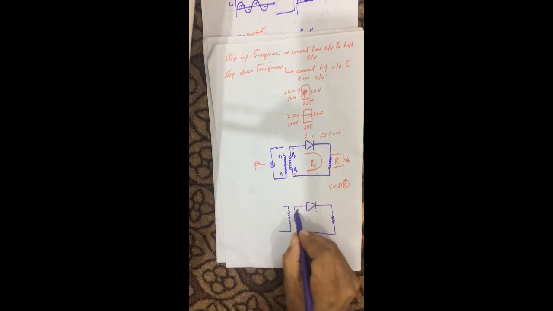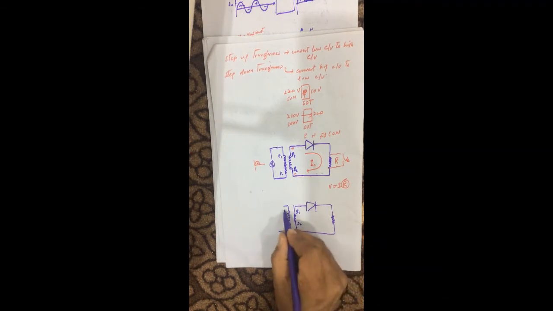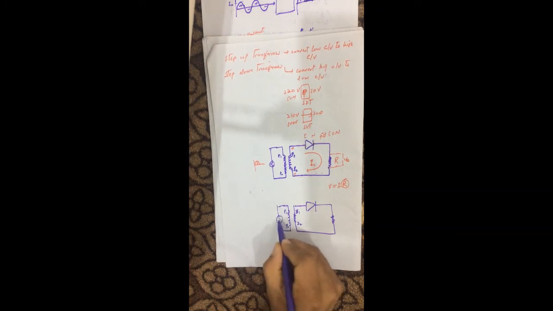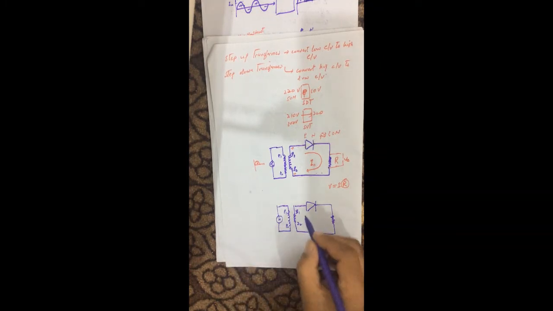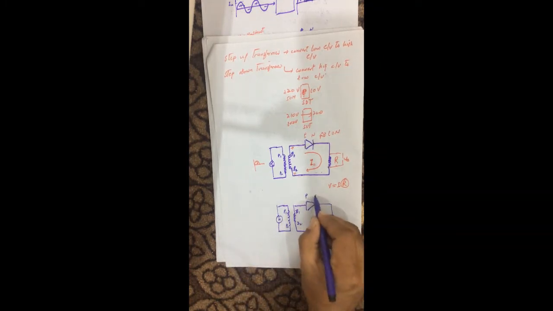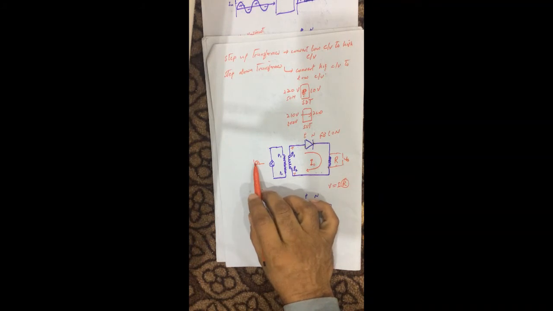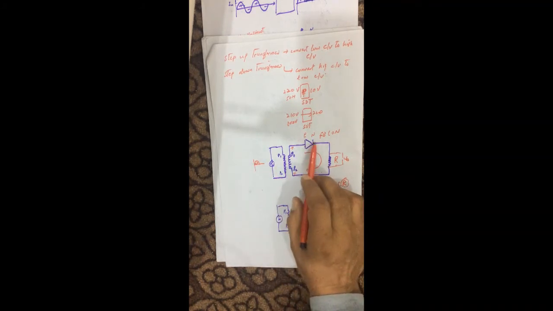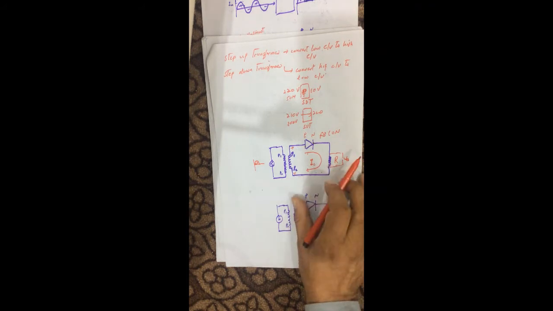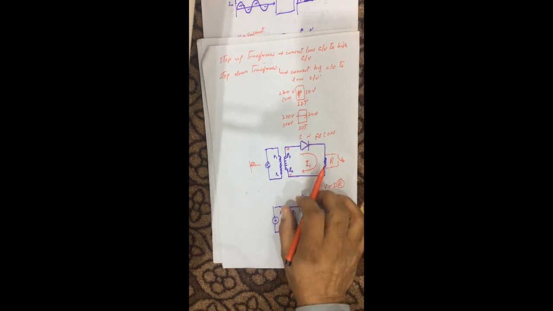This is S1, this is S2, this is P1 and this is P2, and this is my output signal. Here this is the P region and this is the N region. For the positive half cycle, this diode becomes forward bias and we have a current in the output source, output resistor, output source.